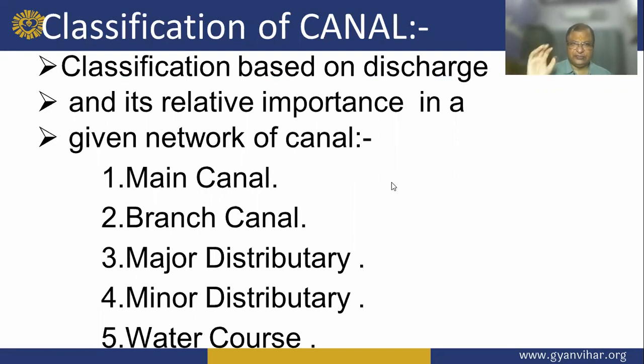Now, classification based on discharge and its relative importance in the given network of canals. First, main canal. Second, branch canal. Third, major distributary. Fourth, minor distributary. And fifth, watercourse. I will show you by diagram.